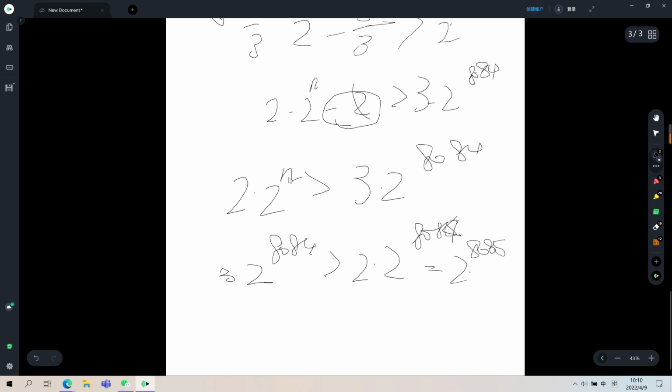Therefore, that means 2 to the power of n plus 1 must be greater than 2 to the power of 8086. That means n plus 1 must be equal to 8086. So it means n equals 8085.